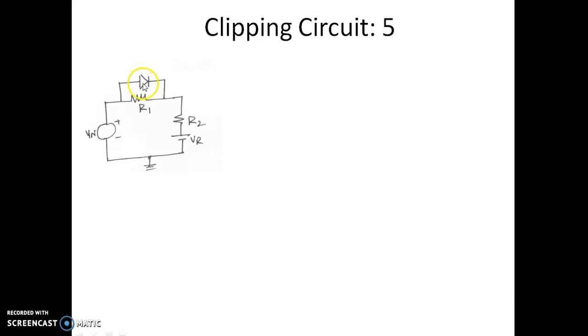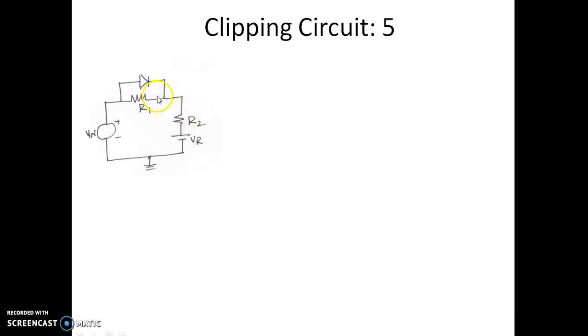This diode will turn on only when the voltage at P is greater than VR plus half of the input voltage. So if VR happens to be 2 volts, this diode will conduct when it is 2 plus half of the input voltage.